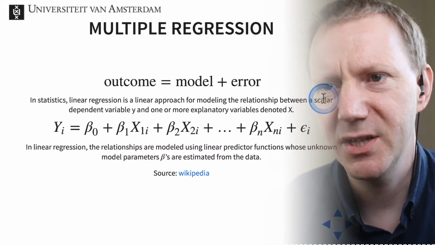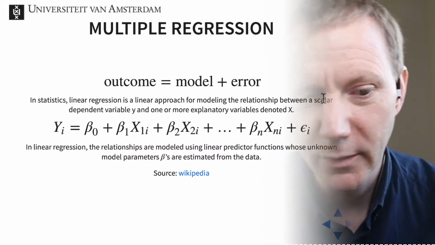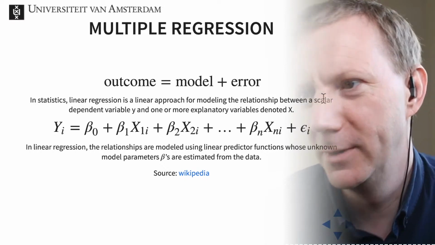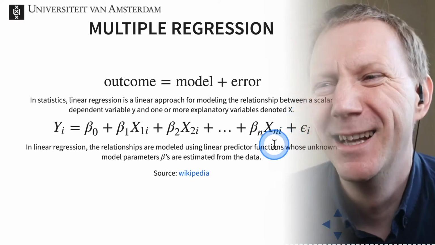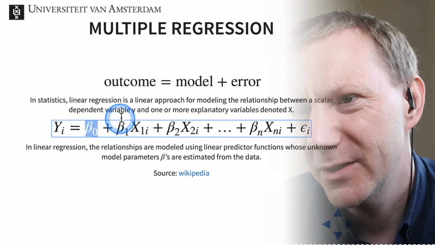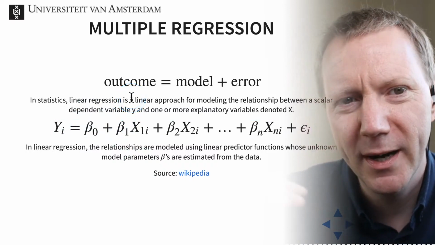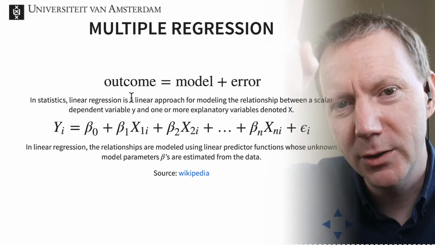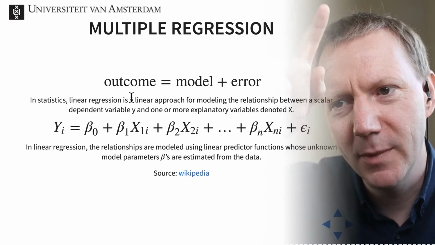If you look at this equation, it sounds a bit daunting, of course, because, well, just look at it. But it iterates the same thing, right? So you have an intercept. That is the point where you're on your x and y axis.